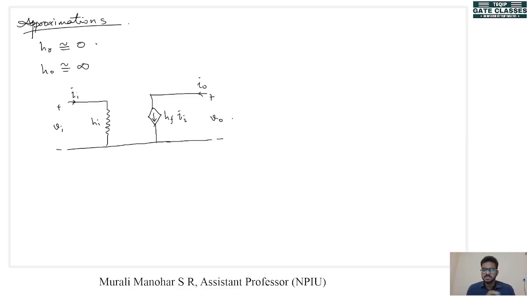Now this is suspiciously similar to something we already know, right? What circuit is it? It looks like the RE model, right? There is a resistance here and a current controlled current source here. So this definitely looks like RE model. So we can make a comparison between this H parameter model and RE model.